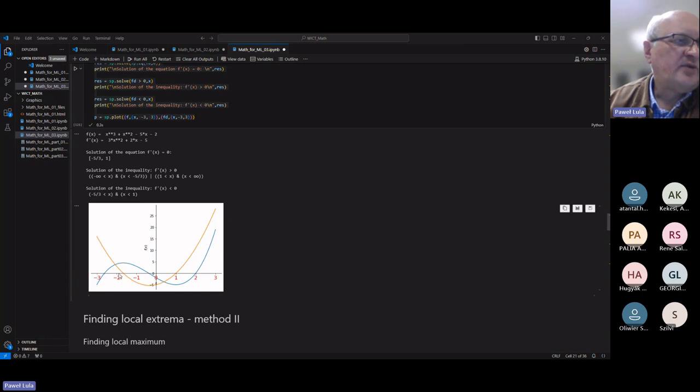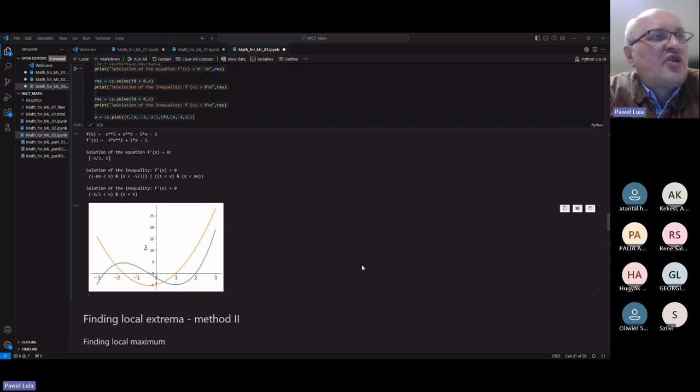Minus infinity to minus 5 thirds is here. It is this region, and we see that the first derivative is greater than 0, and from 1 to plus infinity, it is this region, and also we see that the first derivative, this orange line, is greater than 0.